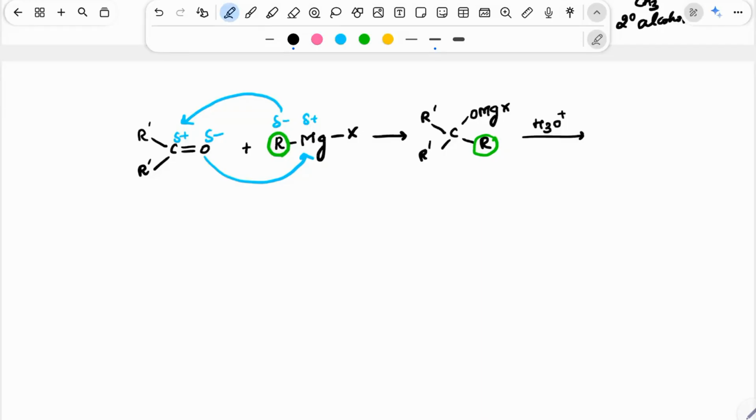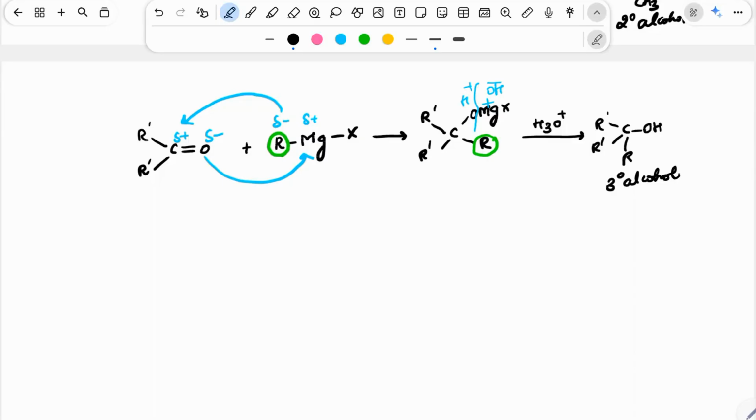Next, hydrolysis. See, I am using H2O plus H plus, or H plus plus H2O, or H3O plus. All indicate only hydrolysis. In different reactions, they will mention it as H2O in the presence of H plus, or instead H3O plus. All represent only hydrolysis. OH minus, H plus.